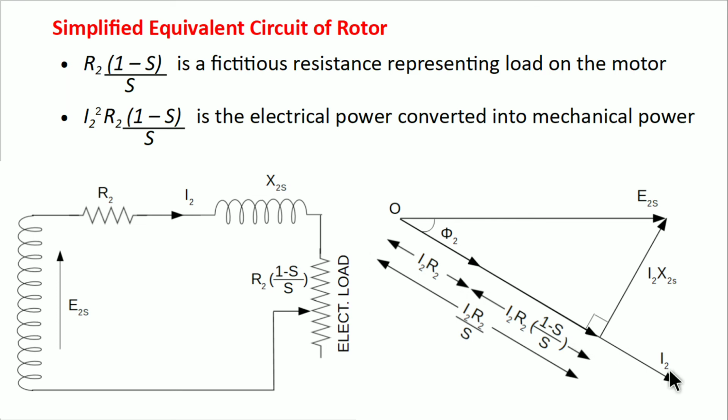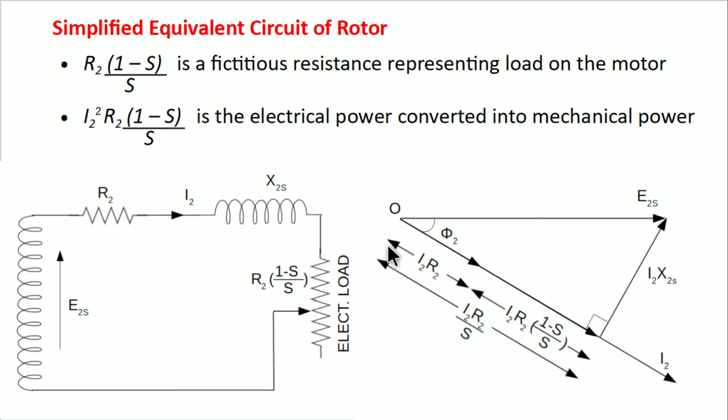These two voltage drops are added because resistive drops always come in line with the current. The sum total of R2 and R2 into (1 minus S) over S, we know, is R2 over S. So I2 R2 over S is the voltage drop due to the total resistance of the rotor circuit.